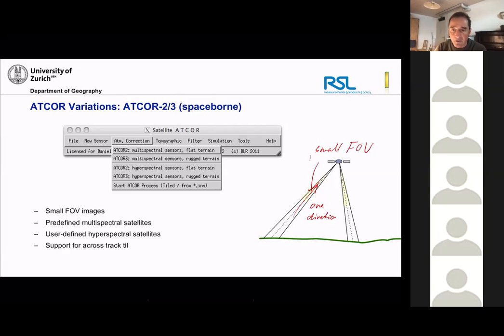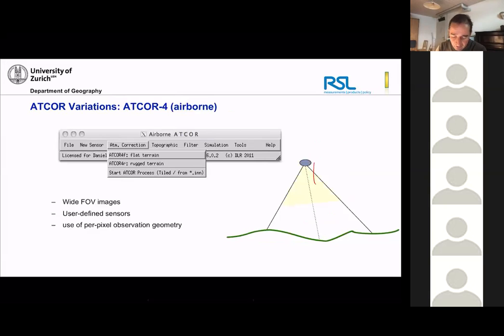On the other hand, for the airborne imagery, you have a large field of view, which is often between plus minus 30 degrees, and can go up to plus minus 30 degrees. So you have to take these field of view variations into account. That's a major difference. And also the flight altitude of the aircraft is an additional dimension of the lookup table.